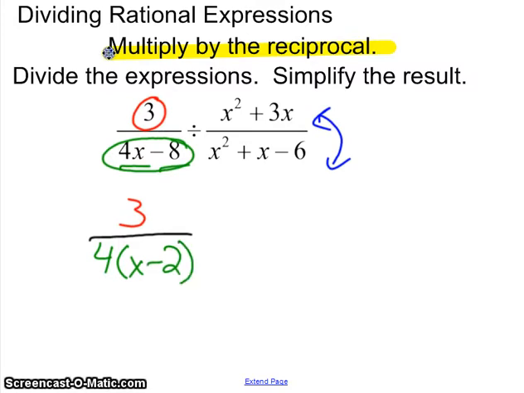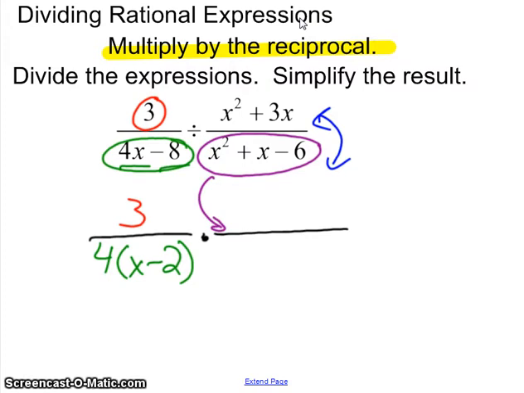Now, as I said, the fraction that's going to be on the right is going to get flipped upside down. I'm going to see if you can follow me here. I'm going to factor as I flip. So the x squared plus x minus 6 is going to go, instead of to the bottom, to the top.